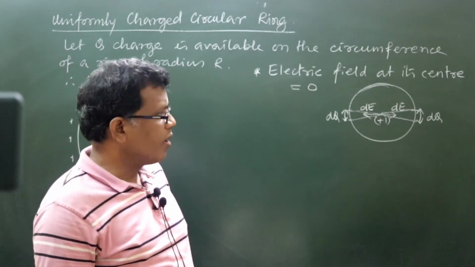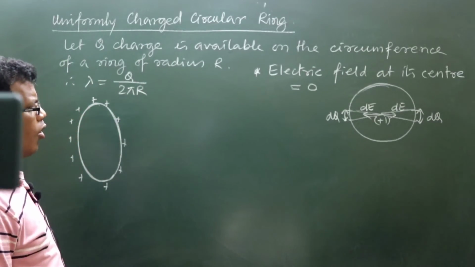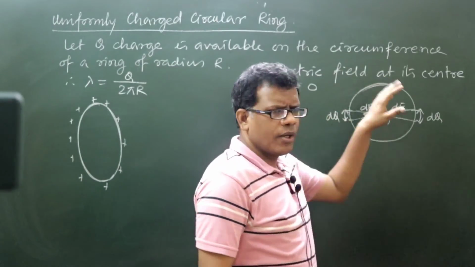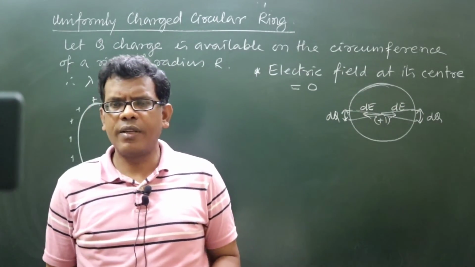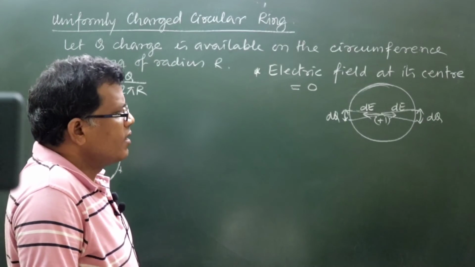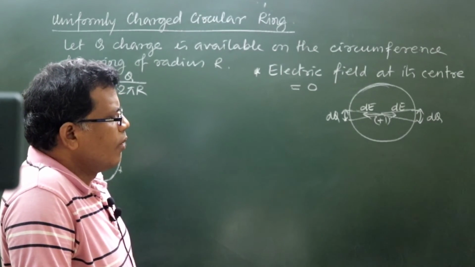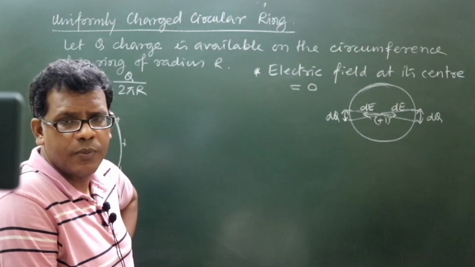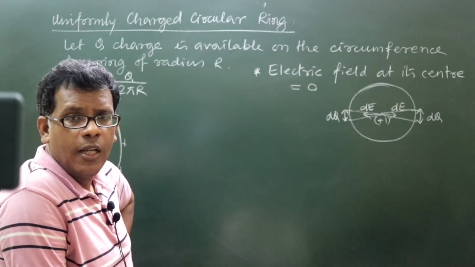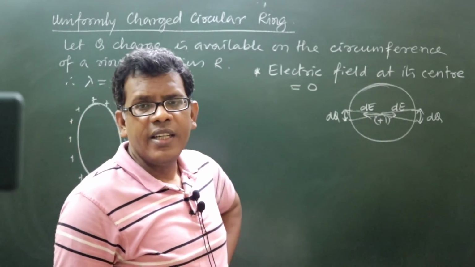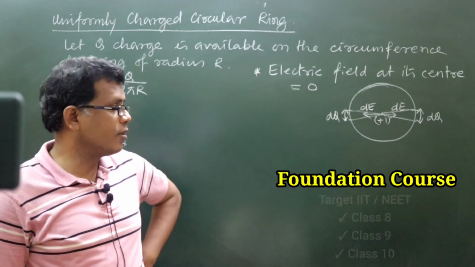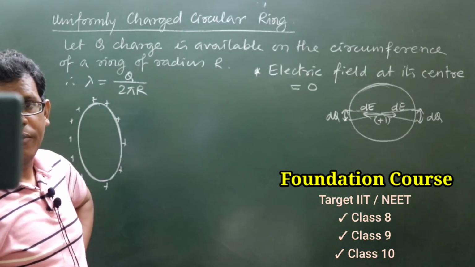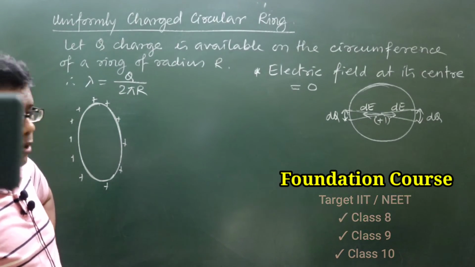So for uniform charge distribution, all pairs of diametrically opposite elements will be counterbalanced by exerting equal and opposite forces on a +1 charge placed at the center, because that is the mathematical logic of finding the electric field at any point. Based on that argument, we can say the net electric field will be 0, because every pair will get cancelled out.